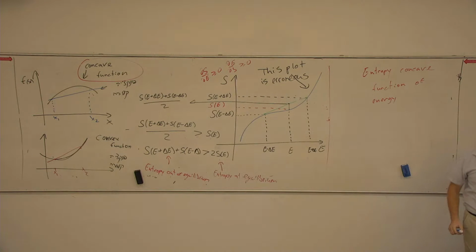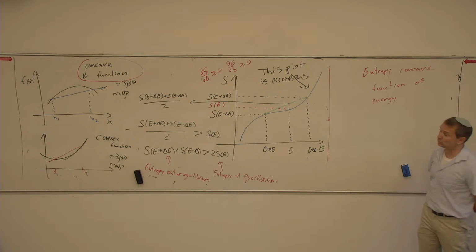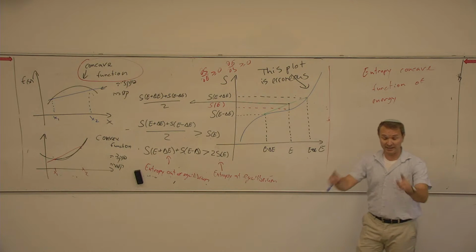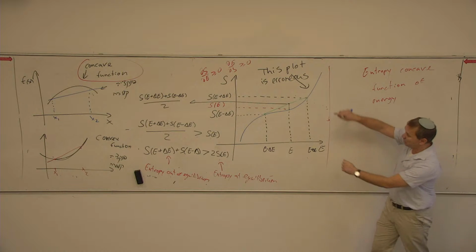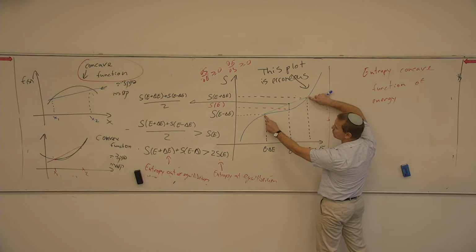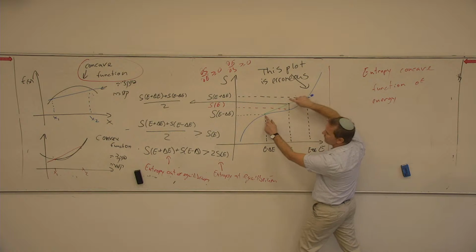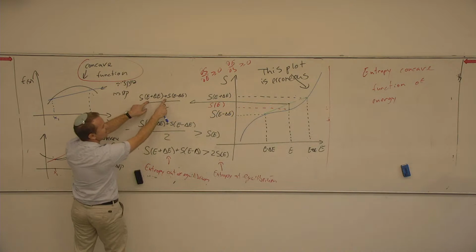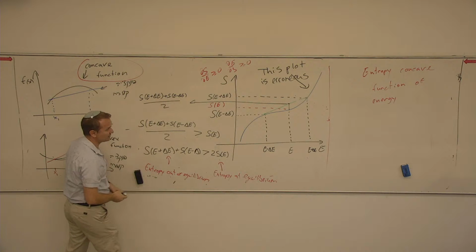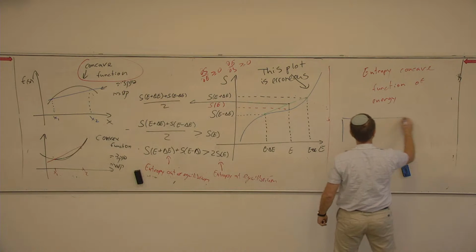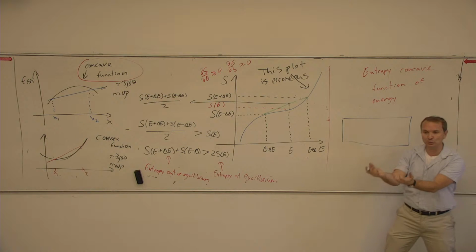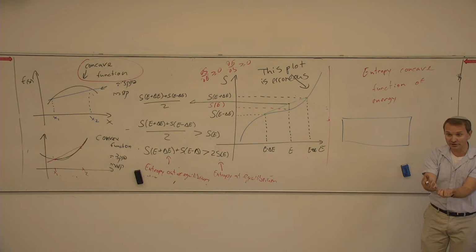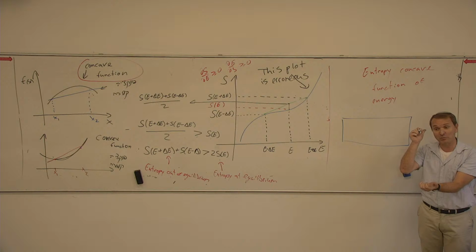Now, yes? Why did we say that it needs to be only at the equilibrium point, why do we decide that it needs to be concave throughout? Okay, all right, so the question is why we assumed equilibrium. Exactly because we assume equilibrium, we're saying the following thing. We assume equilibrium, this is why S(E+ΔE) plus S(E−ΔE). Equilibrium means that the entropy at the new state has to be smaller than the entropy at the equilibrium state.